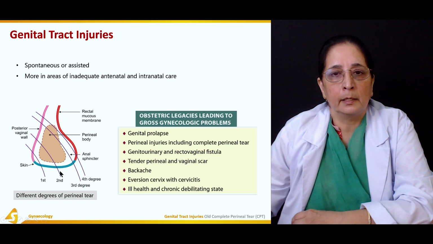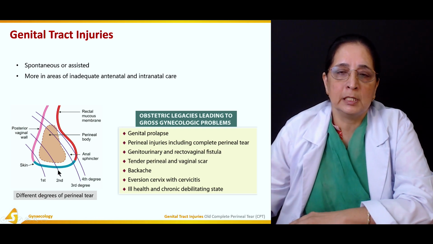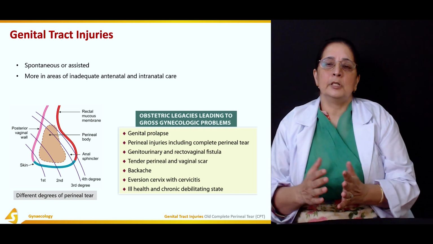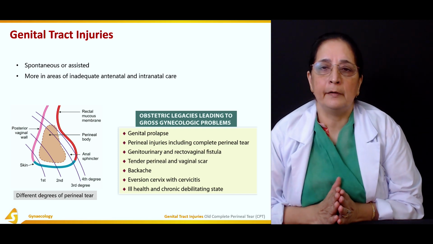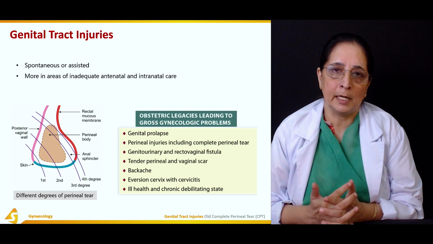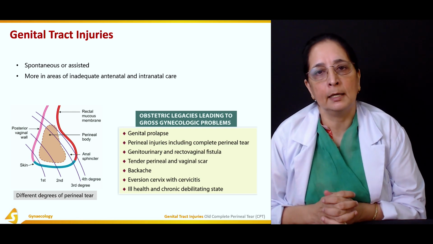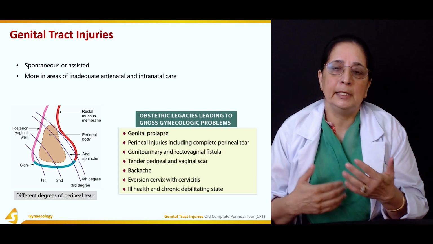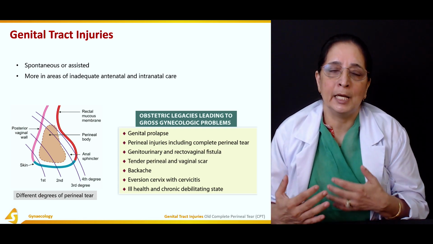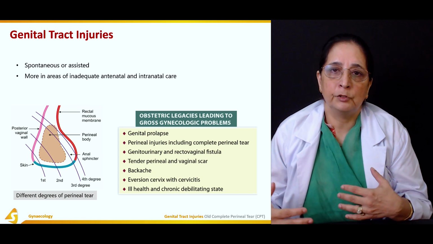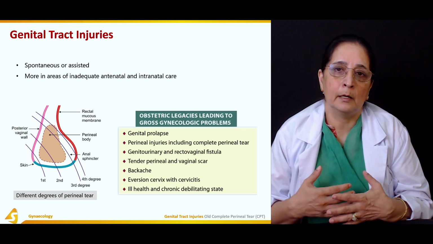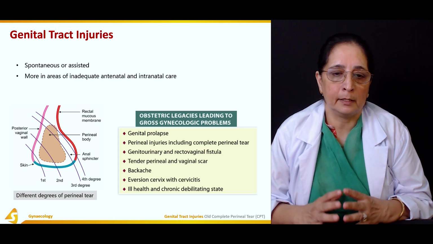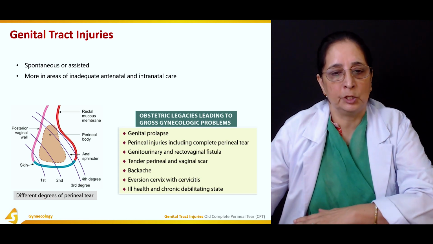As compared to first degree, it's a lot more damage. But for both first and second degree perineal tear, it is usually recommended that they be left open, and the lesion heals on its own. It takes about 3 to 4 weeks, about a month, before the patient feels a little better, but it heals on its own.